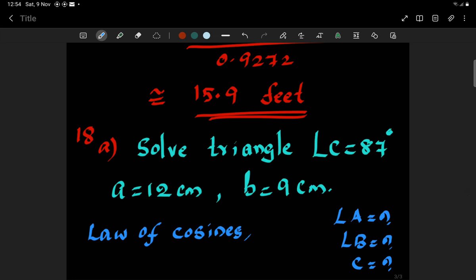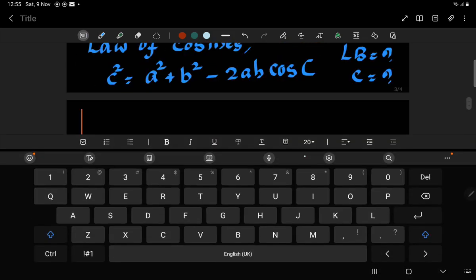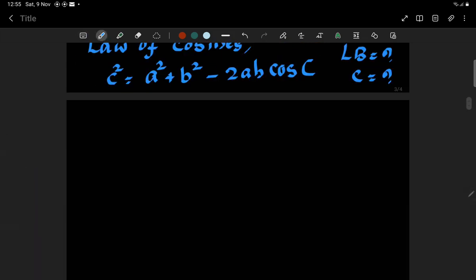Then, once we get side c, we can find out the angles using sine law. The formula is c square is equal to a square plus b square minus 2ab cos C. Then substitute what is given.